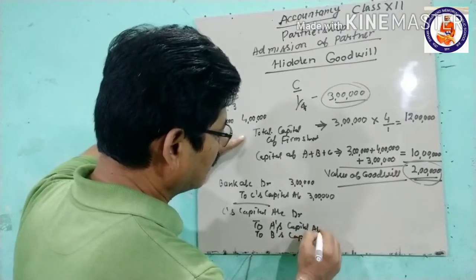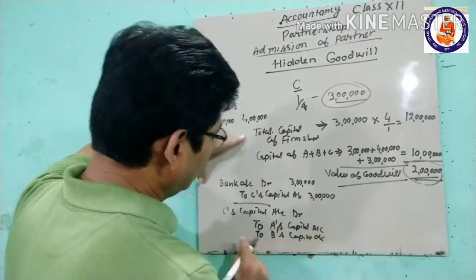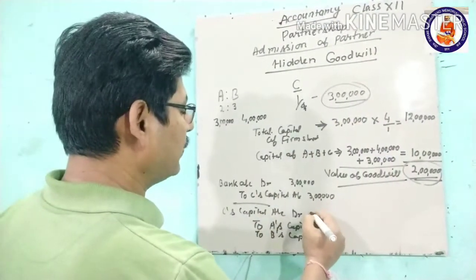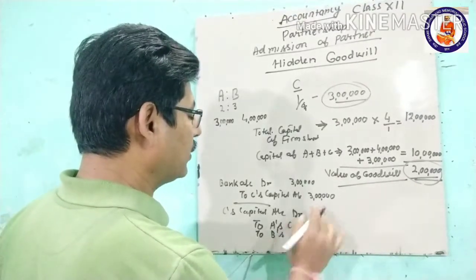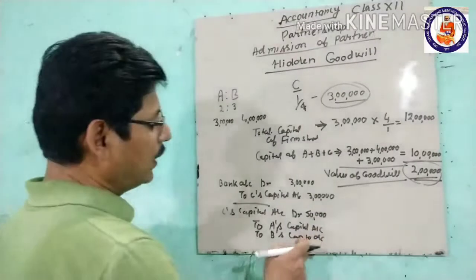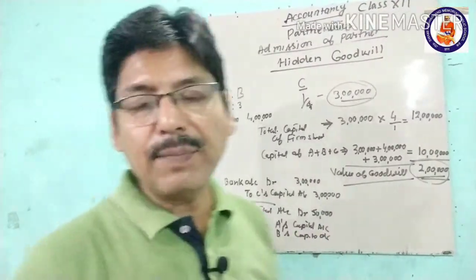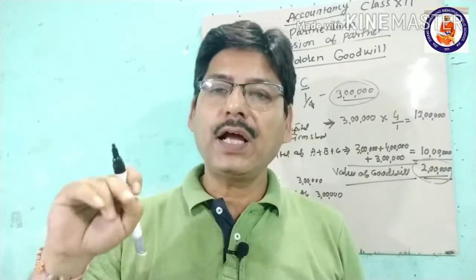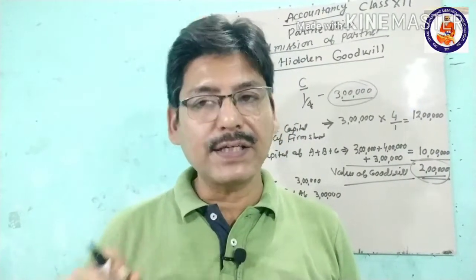The amount is 50,000 rupees, debited to C because he had to bring this 50,000 but is not bringing it. This will be credited to A's and B's capital accounts in the sacrificing ratio.